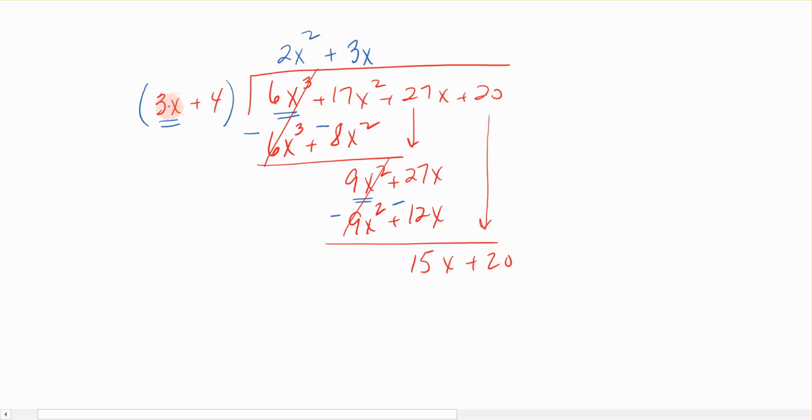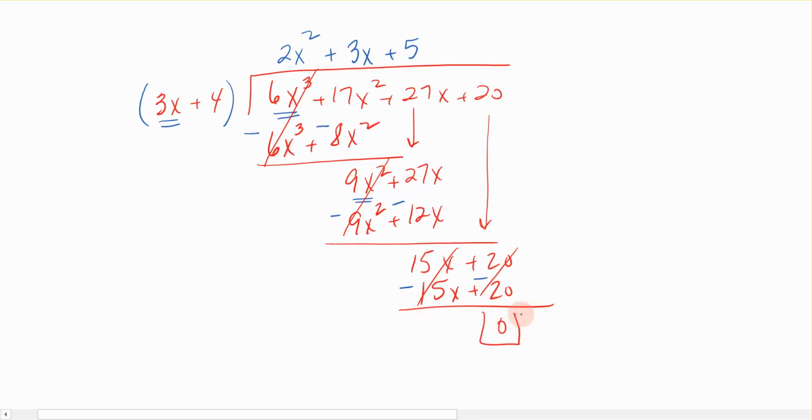So what do I multiply 3x by to get 15x? And that should be just a 5. 5 times 3x is 15x. 5 times 4 is 20. But I've got to come through and change this sign and change the second sign. When I subtract, I end up with 0.